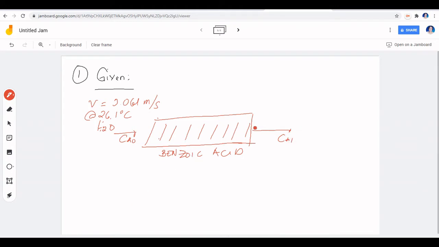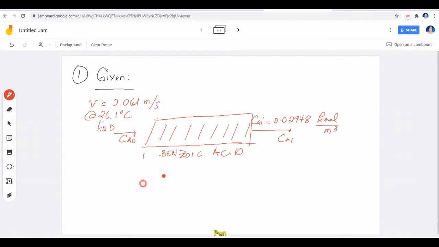Now there is this what we call interfacial concentration, or the interface concentration of benzoic acid right on the surface, and I'd like to label that as C sub I, and it's equal to 0.02948 kilomole per cubic meter.